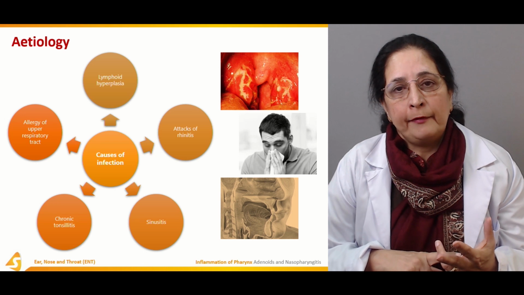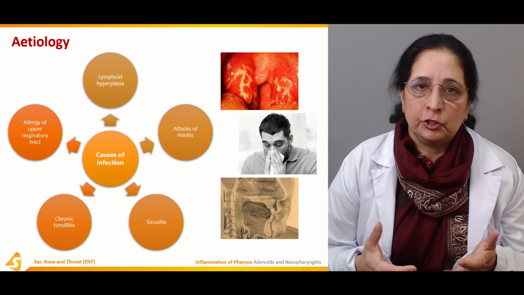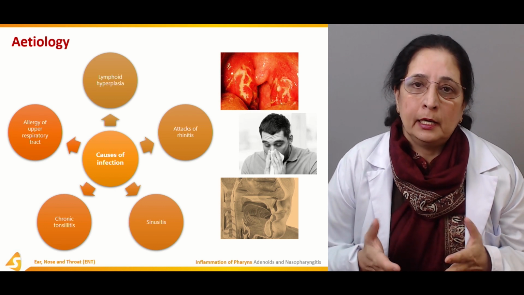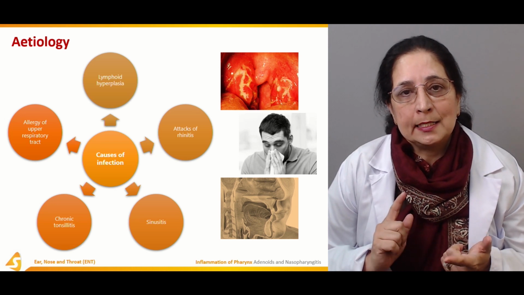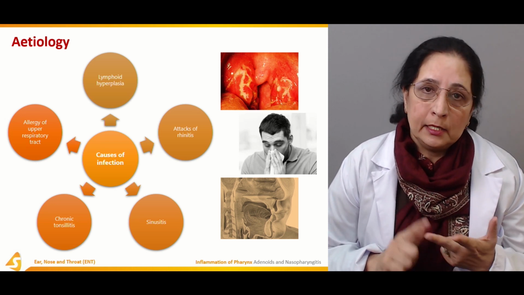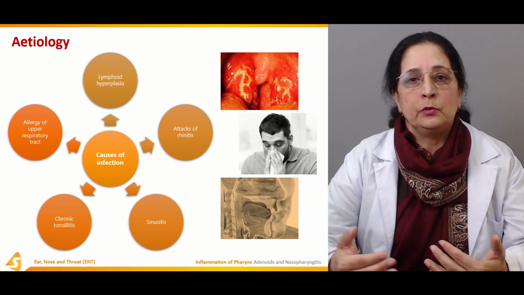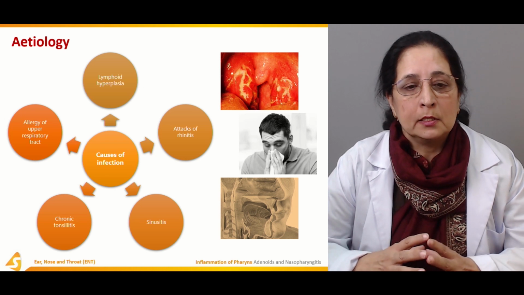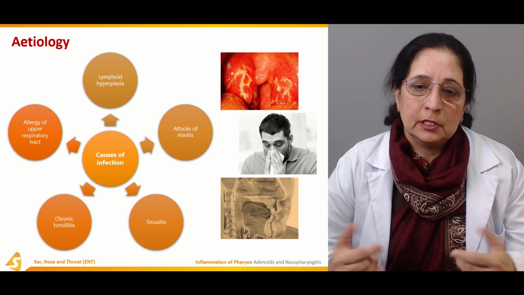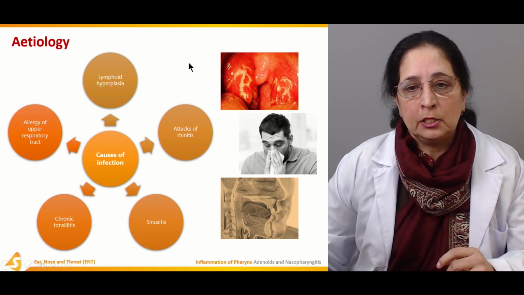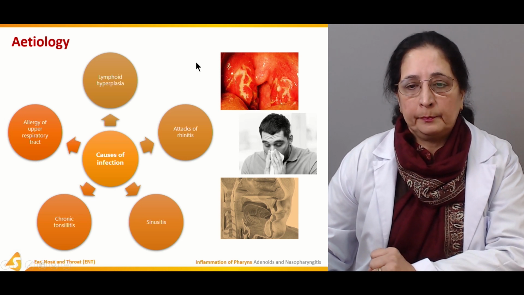So lymphoid hyperplasia, excessive growth of the lymphatic tissue, can cause adenoiditis or swollen adenoids, and surrounding areas like rhinitis, sinusitis, tonsillitis, all these infections can spread to the adenoids and cause adenoiditis, and any upper respiratory tract infections can also lead to adenoiditis, and you can see the swollen adenoid present here.